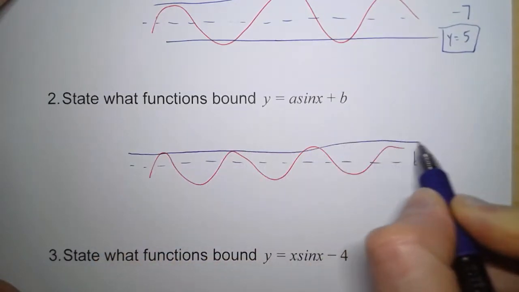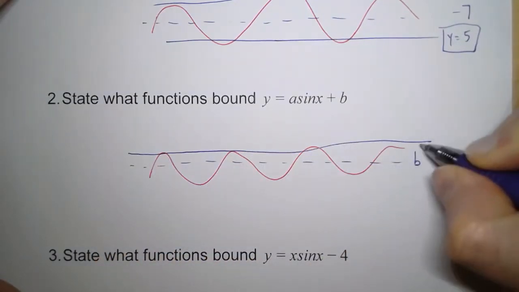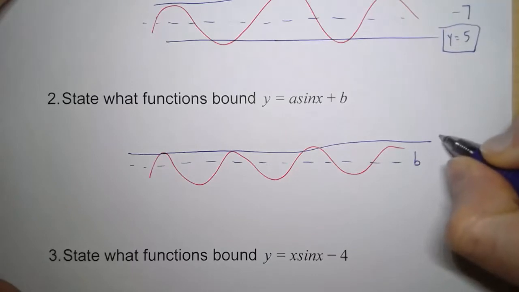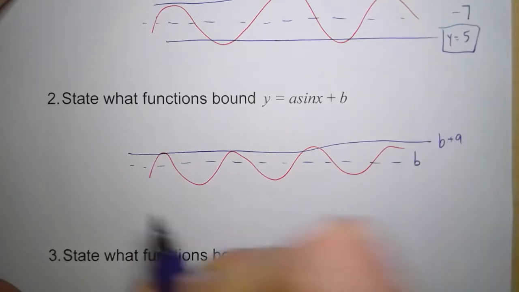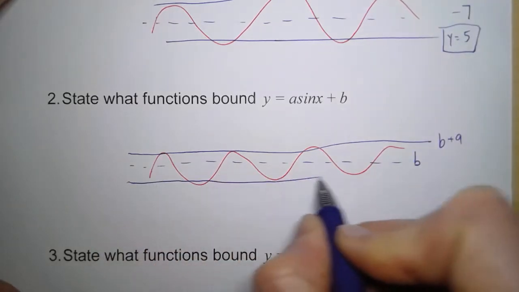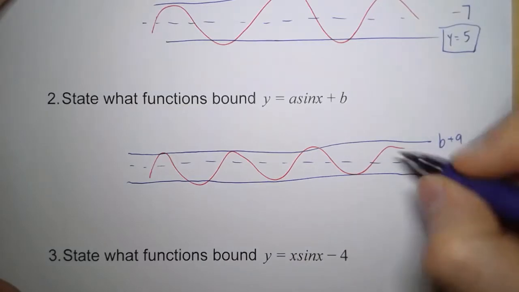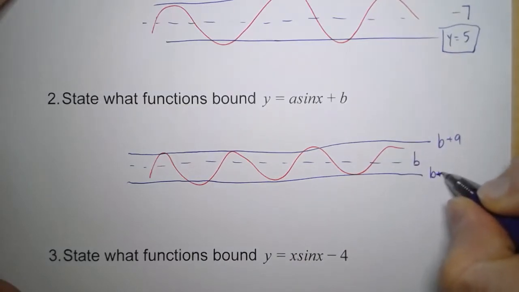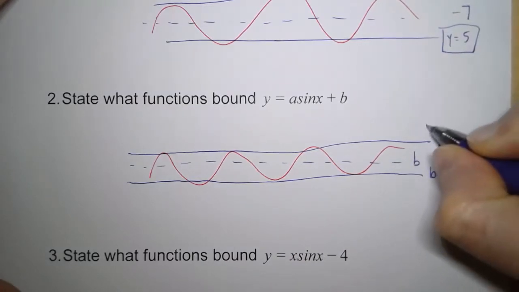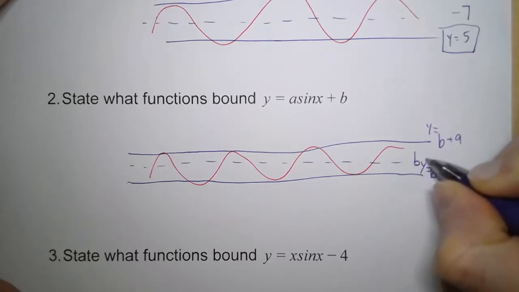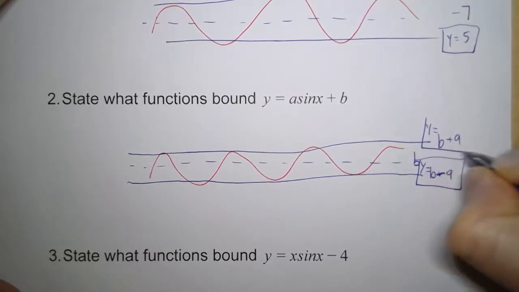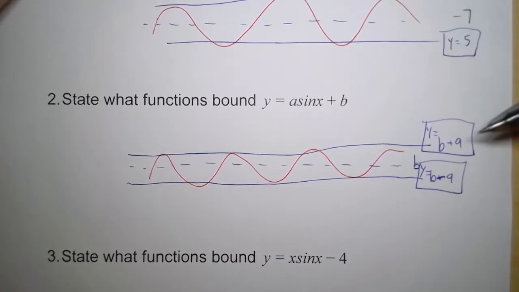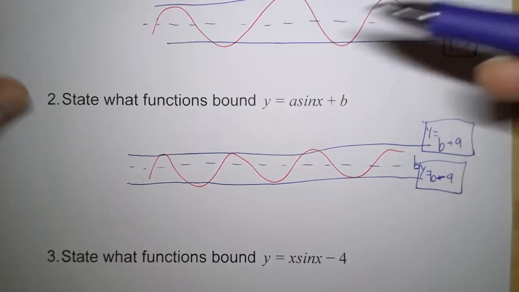So that means, what's this? Well, we go from b and we go up a units, whatever it is. So it's b plus a. And then we go a units down from b, so that's going to be b minus a. And so those are the two boundaries, whatever they are.